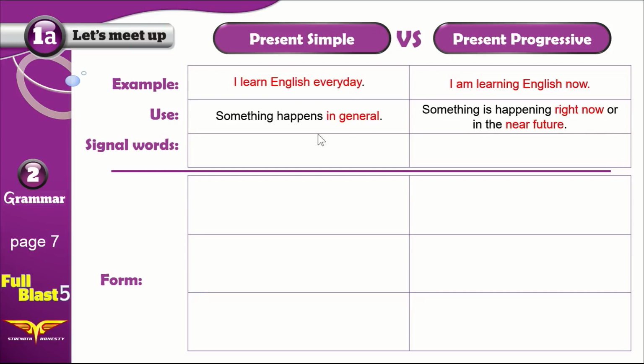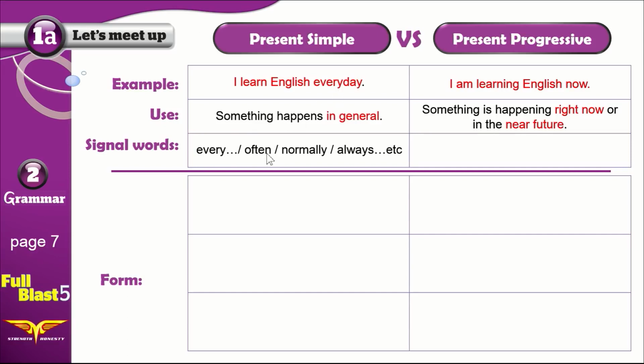Okay? There are time expressions that we can use with present simple and present progressive. We call them signal words. Like in here we used every day. Every day is not the only signal word we use with present simple. We have many. Like every day, every month, every year.